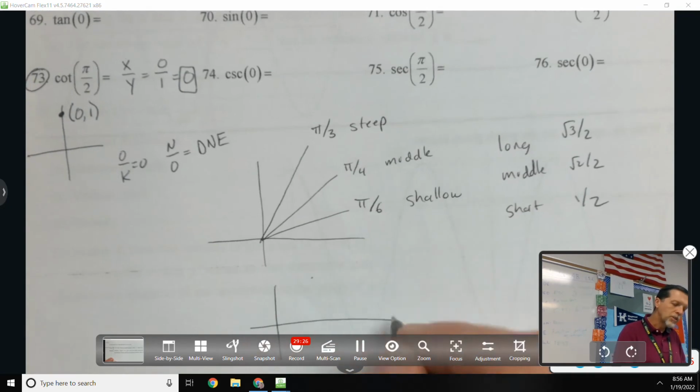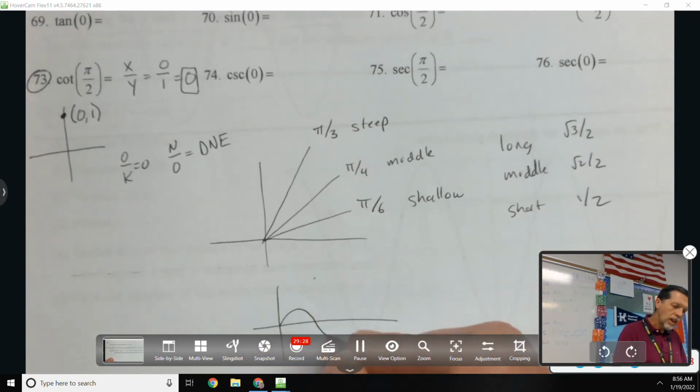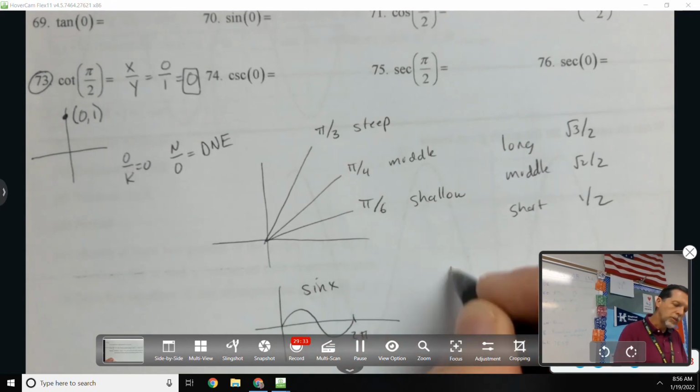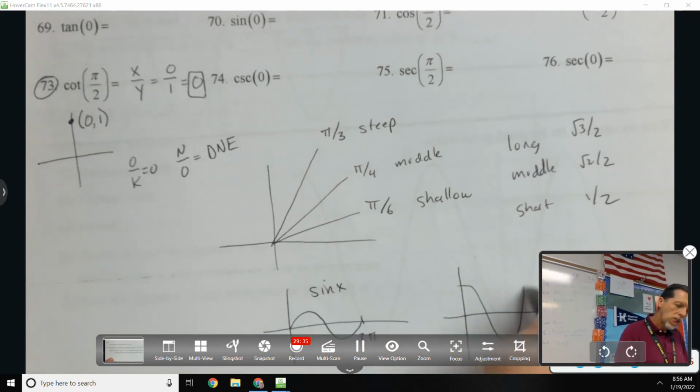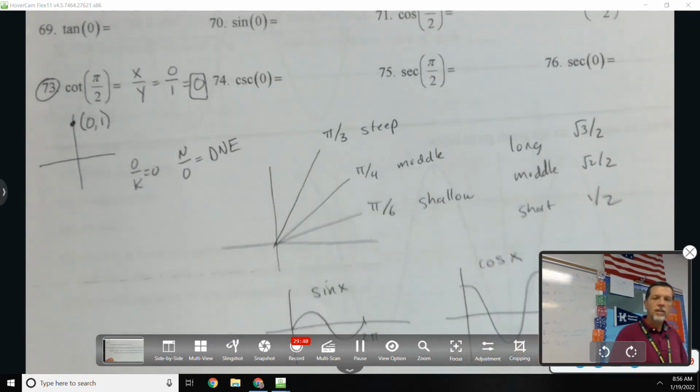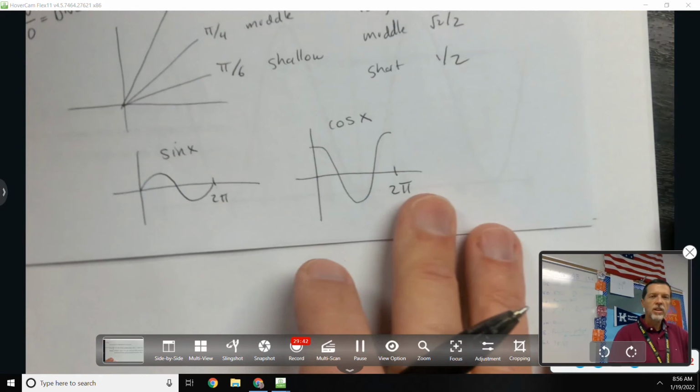I'd probably also, we said this earlier, quickly do the sine, cosine, and tangent graphs, at least their parent functions.